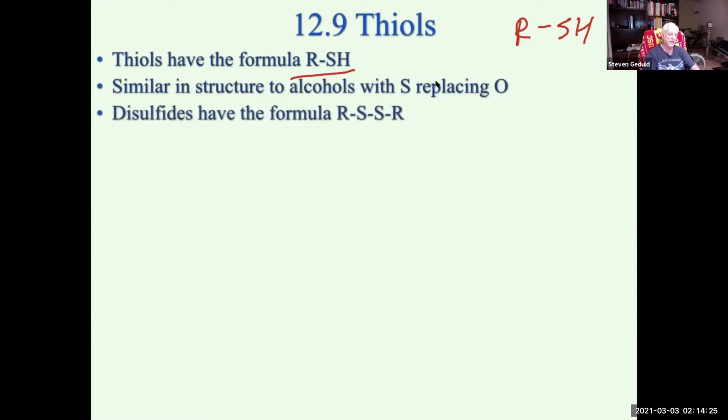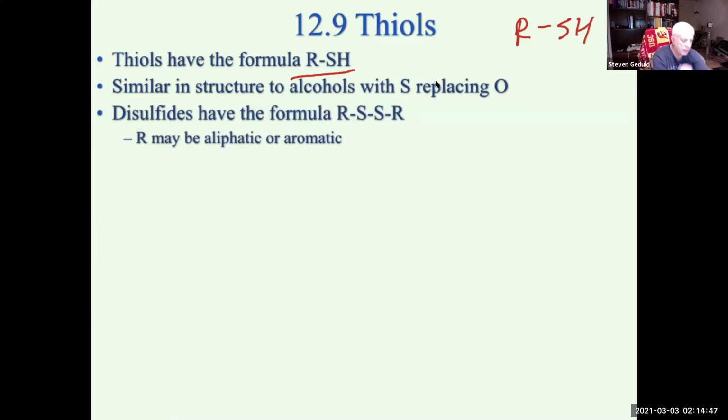Disulfides have the formula RSSR, where the hydrogens have been removed and you have a sulfur bridge between the two, which is common in supporting certain proteins. It helps give proteins their tertiary structures, which we'll go into coming up.